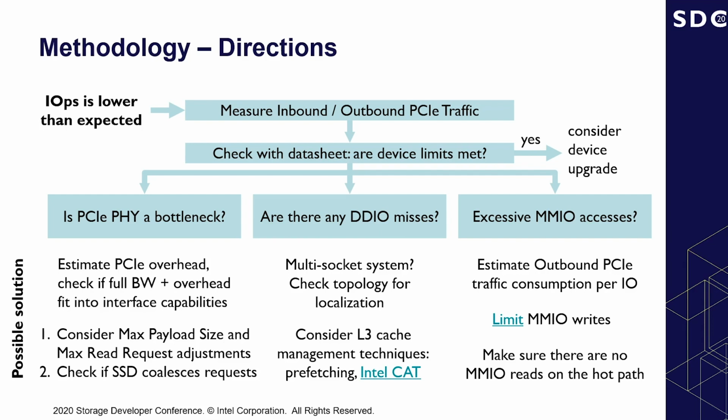The first direction is to try figuring out if the PCIe physical layer is a bottleneck. Inbound and outbound traffic captured by vTune reflect PCIe bandwidth in terms of data payloads.